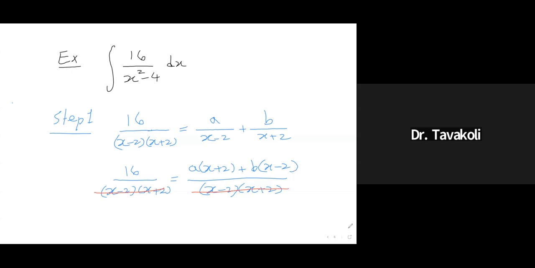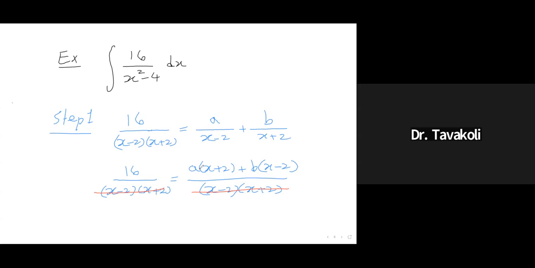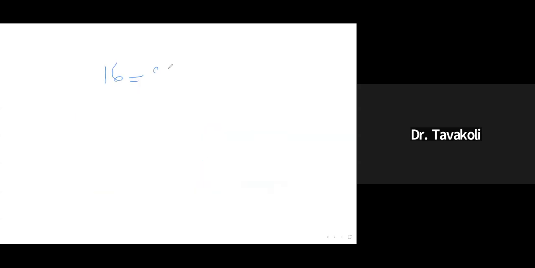So no matter what x is, on the left side, 16 equals, on the right side, a times x plus 2 plus b times x minus 2.